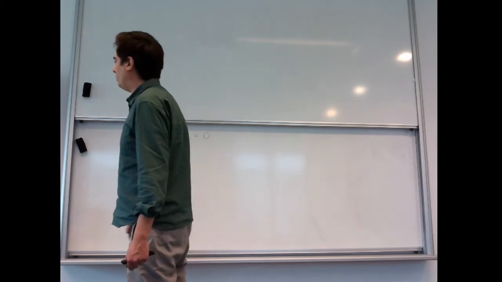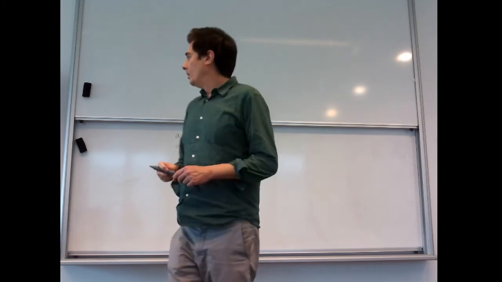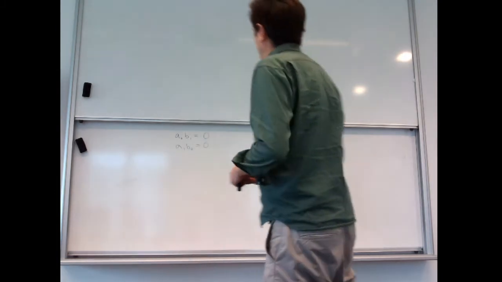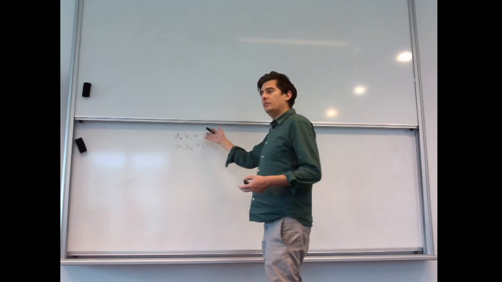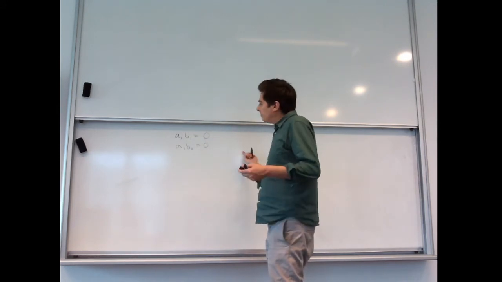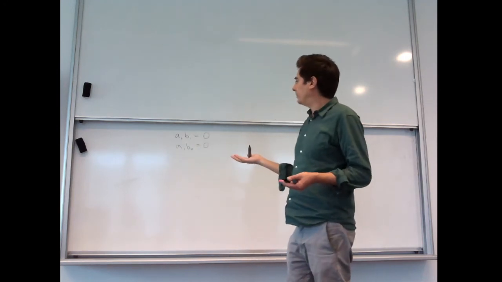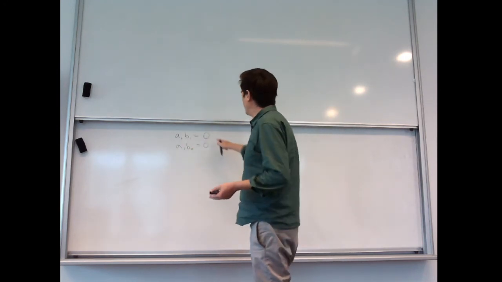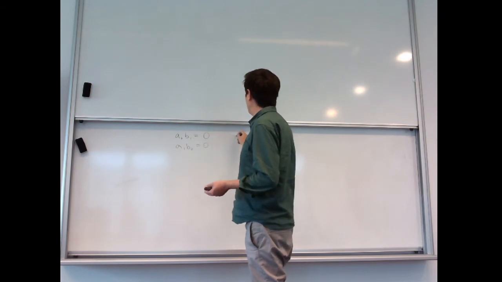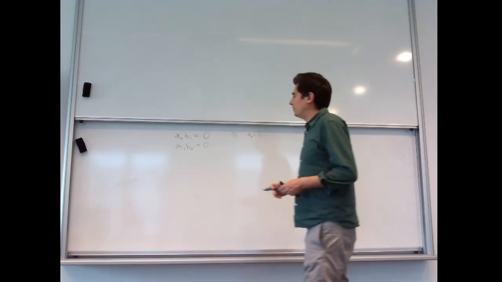Also, A1B0 has to be 0. Okay, so I've got these two equations to satisfy. Now, I need to make one of these variables 0, right? So from this equation, let's try A0 is 0.